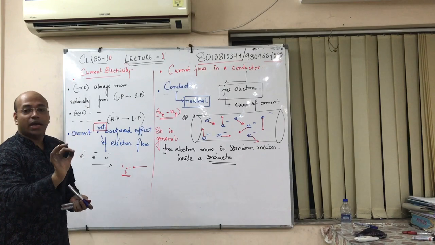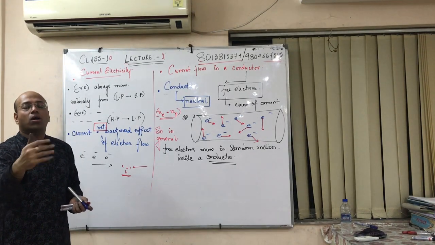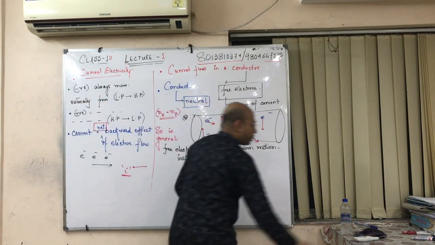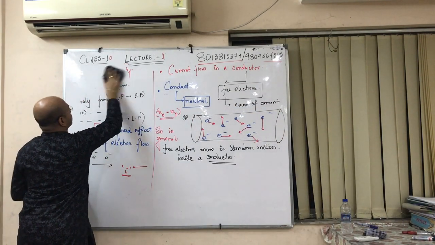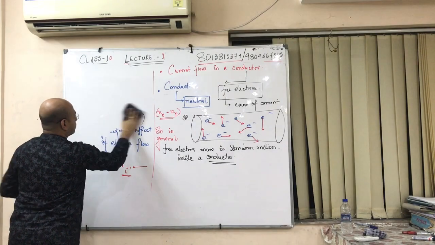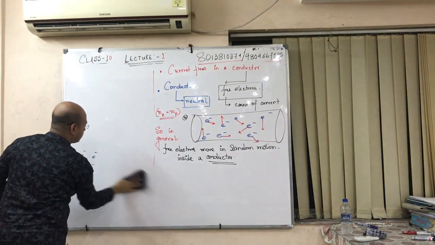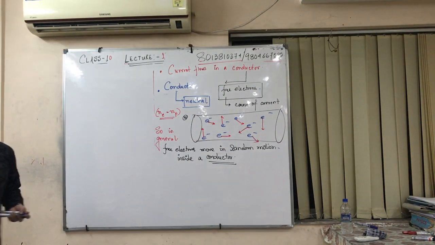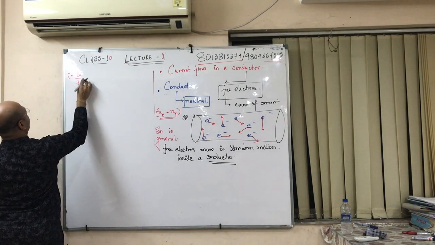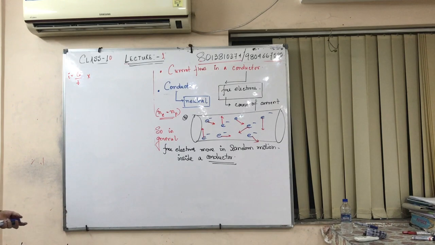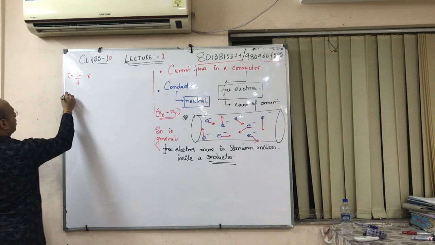Now I will explain to you the basic definition of how current is explained. Many books say current is Q by t. No, this is not the correct definition. Please, we have to understand something.